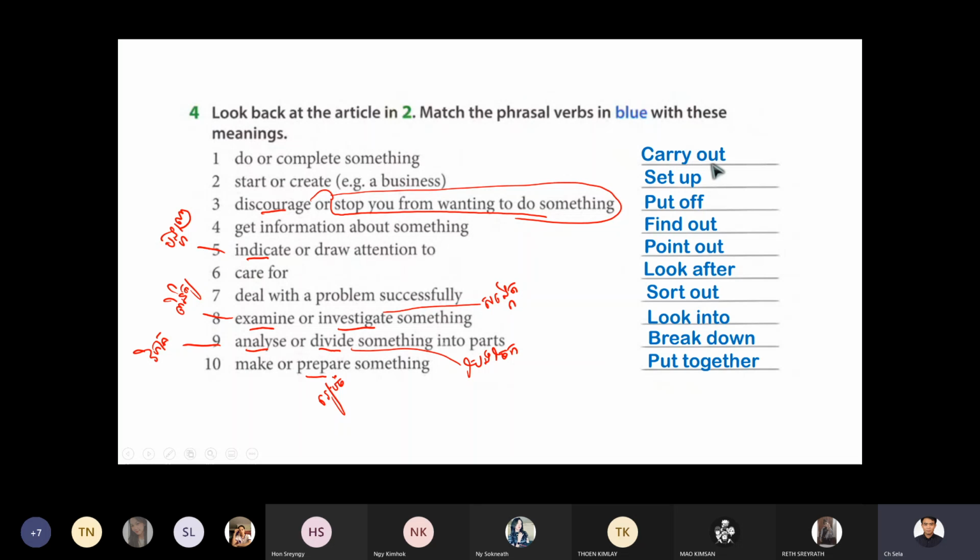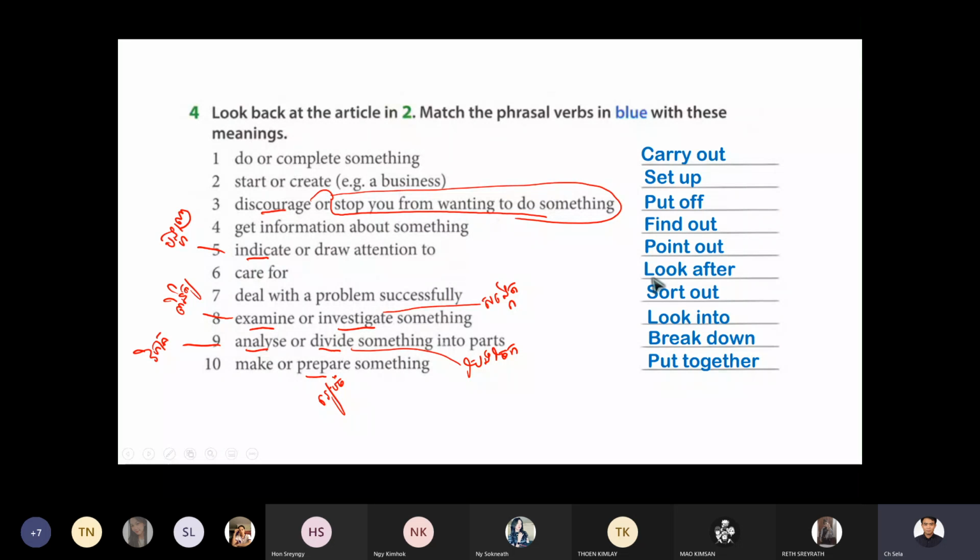Now, number one, carry out: do or complete something. Number two, set up: start or create a business. Number three, put off: discourage or stop you from wanting to do something. Number four, find out: to get information about something. Number five, point out: indicate or draw attention to.